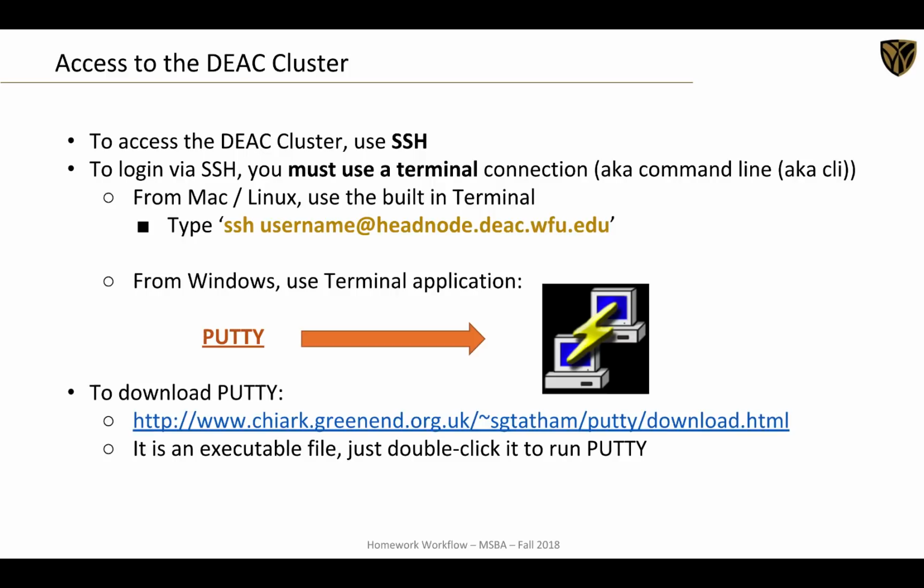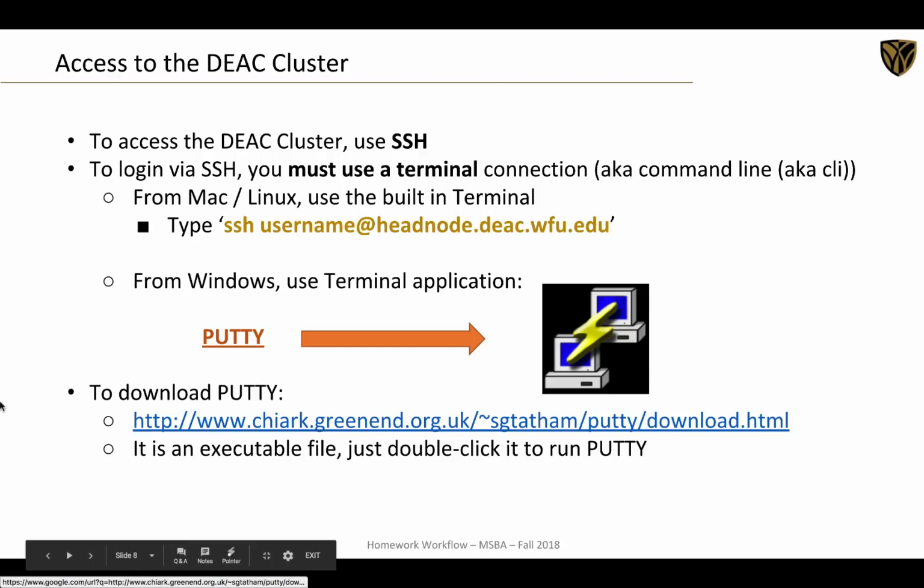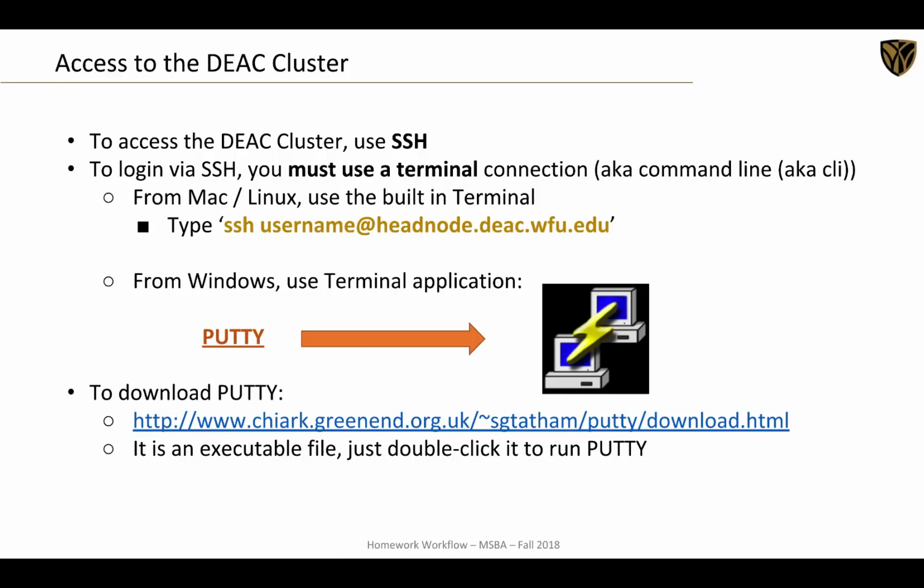So if you're running on a Mac or Linux computer, you can use the built-in terminal of your operating system and simply type ssh, your username, at one of our head nodes, .deac.wfu.edu. Press enter and move on.